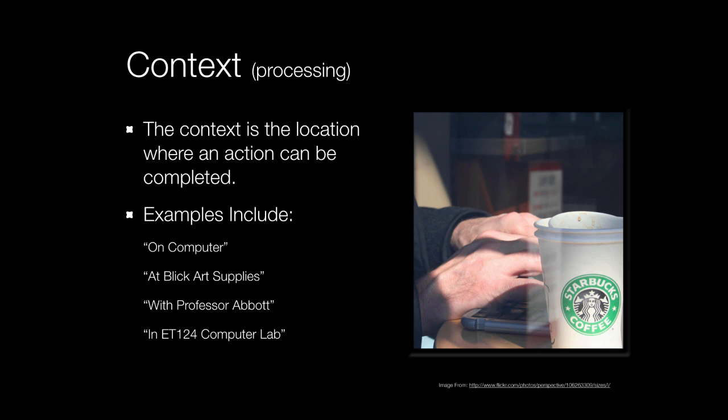The next thing is the context in which it can be done. Next action is really easy, but context is often left off of a to-do list. I think context helps because you can start to get yourself spread too thin. A good example is I'm only here 2 days a week, and there are things that I can only do here on campus.